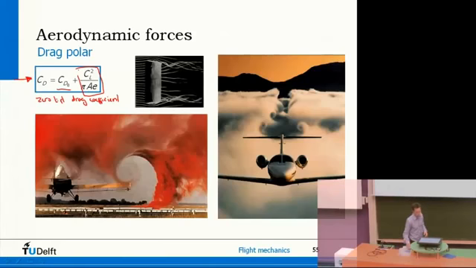So there's a second term in this equation which states that part of the drag coefficient depends actually on the lift coefficient itself. So this is what we call the induced drag coefficient.